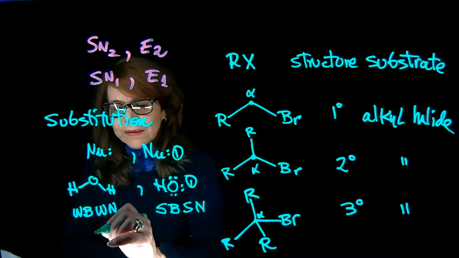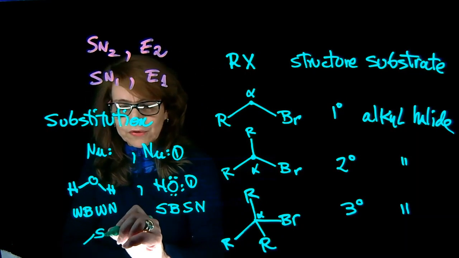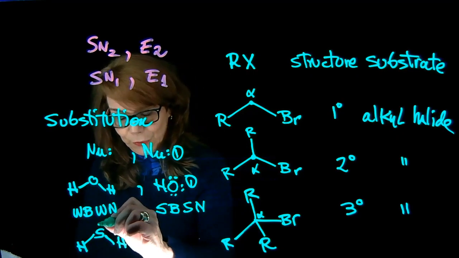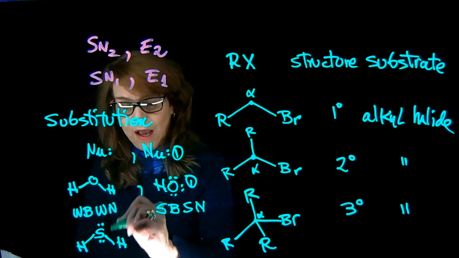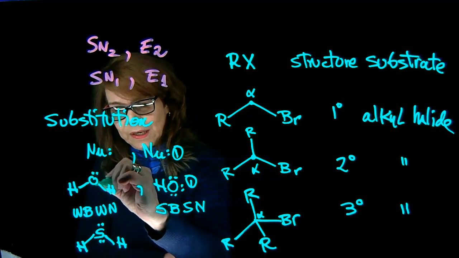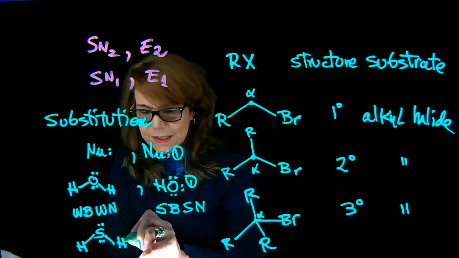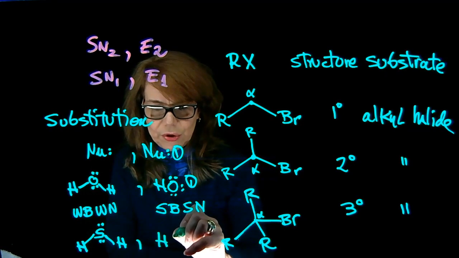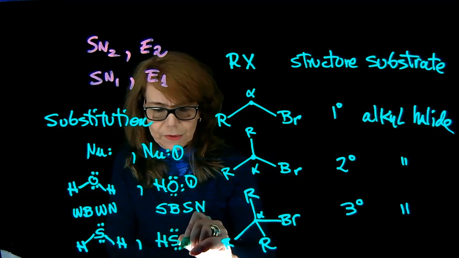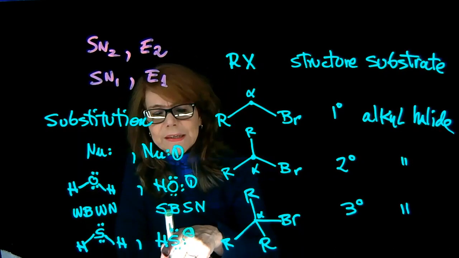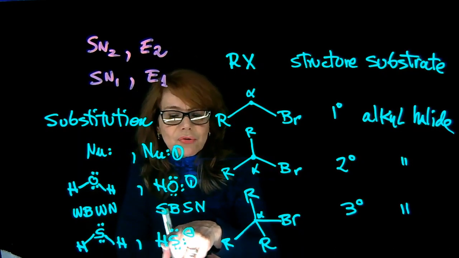But say, for example, that I have now dihydrogen sulfide. Remember that sulfur is right underneath oxygen in the periodic table, group 6A. And this is the acid and its conjugate base, hydrogen sulfide, like that. Now, this is a much stronger nucleophile.